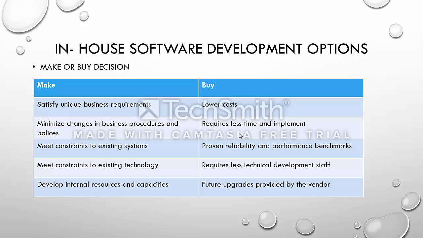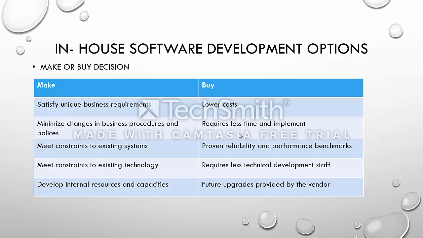But if you buy from an outsider, it saves your time and effort. For purchased software, the provider has more reliability and performance benchmarks due to their professional skills. You do not need to hire technical development staff and can get upgrades provided by the vendor.